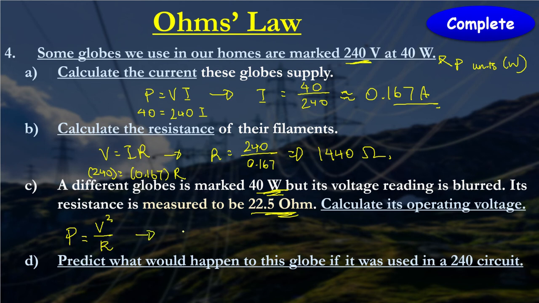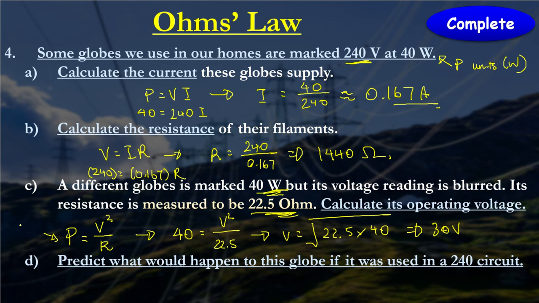If I substitute everything in again, 22.5 equals V squared over 40, so V becomes the square root of 22.5 times 40. Just rearranging the equation there, the value we get is 30 volts. Mind you, just wanted to remind you, this equation is not on the formula sheet.